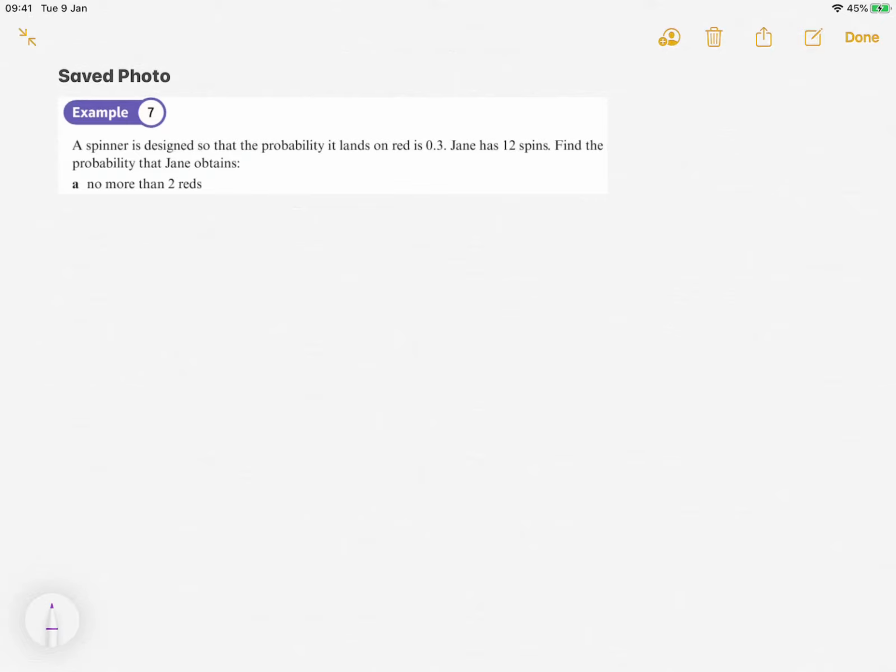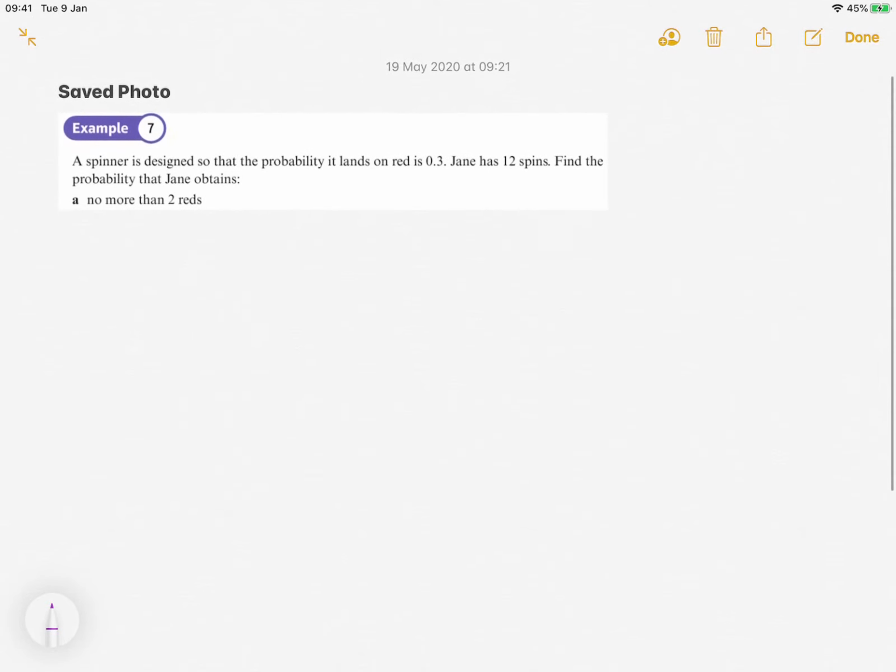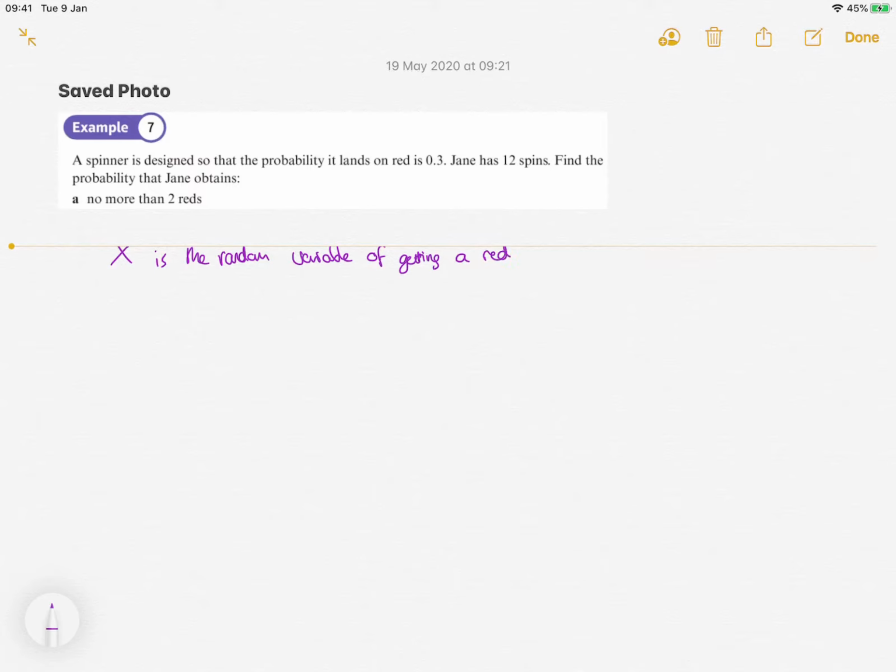So we can say that X is the random variable of getting a red, and that it's binomially distributed, where the number of trials is 12 and the probability of success, that is, the probability of getting a red, is 0.3.